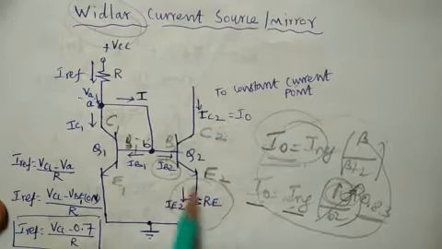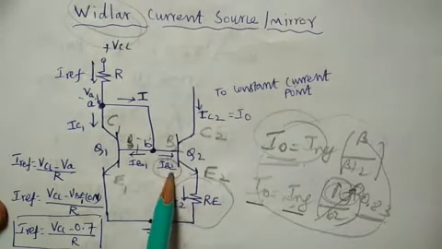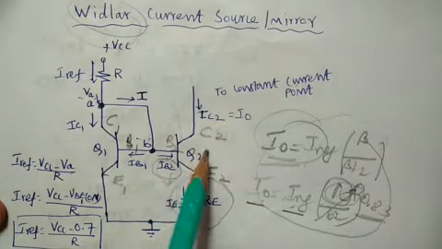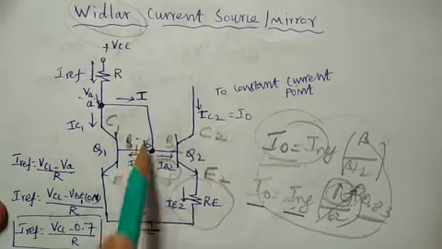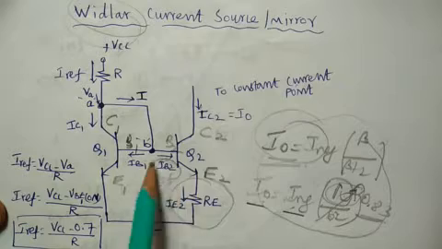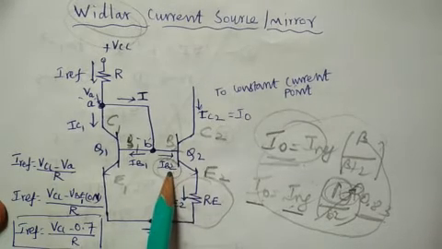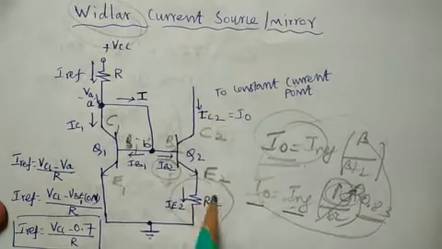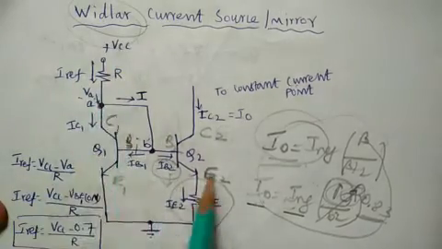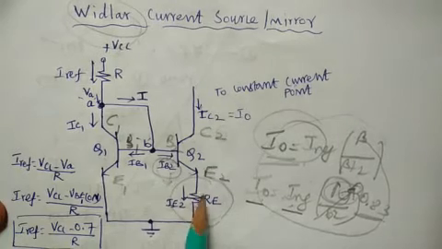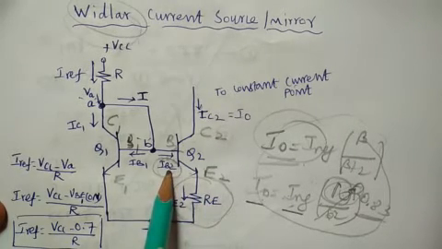Because of the added resistor, this IB2 is further reduced, and while analyzing the mathematical expression for this circuit, this IB2 will be neglected. This will not be considered for analysis because of the added resistor. So what Widlar is trying to prove is, because of the added resistor, this IB2 will be neglected.